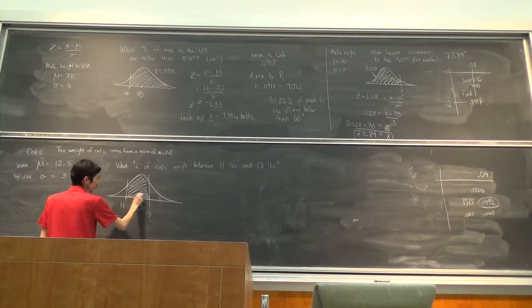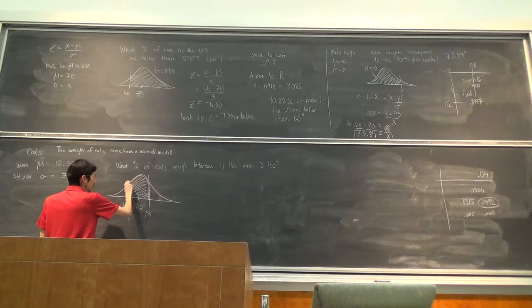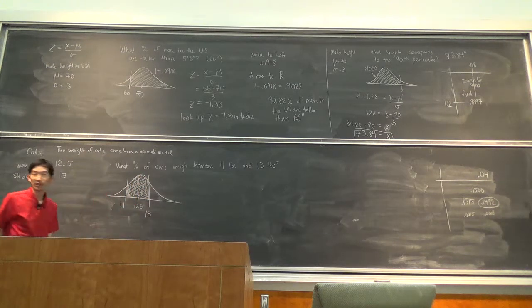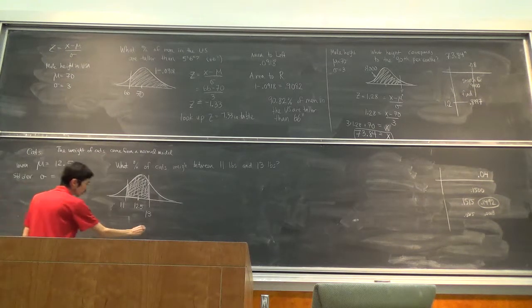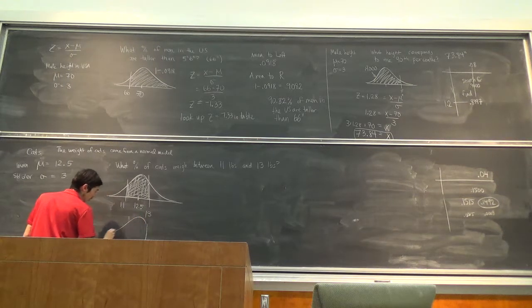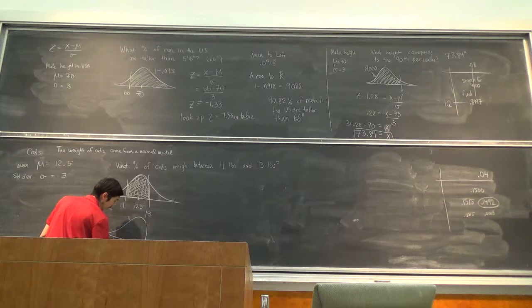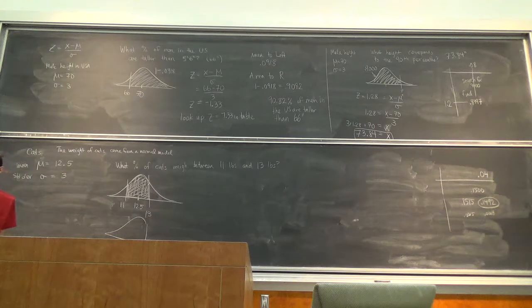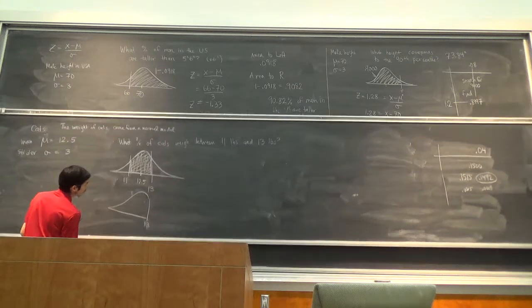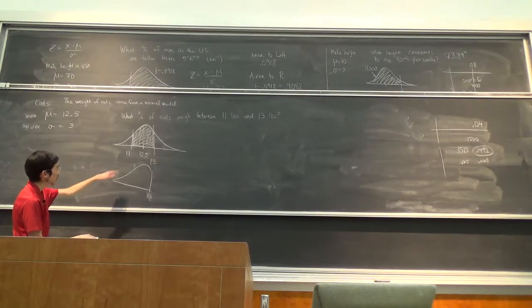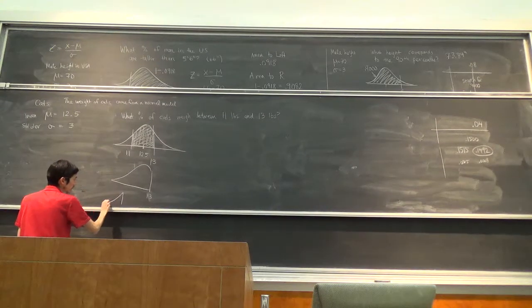Okay. So I want to know how much is in between 11 and 13. How am I supposed to get this area? Well, first I'm going to find the area to the left of 13. Do I know how to do that? Yes. Okay. And then, what will I do? I'm going to find the area to the left of 11.